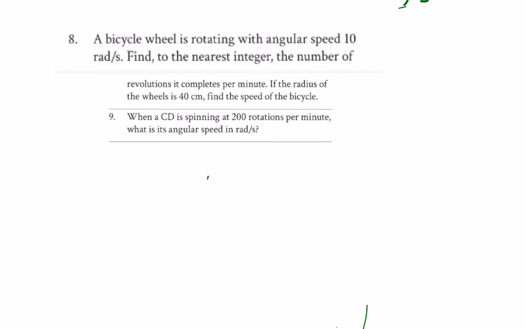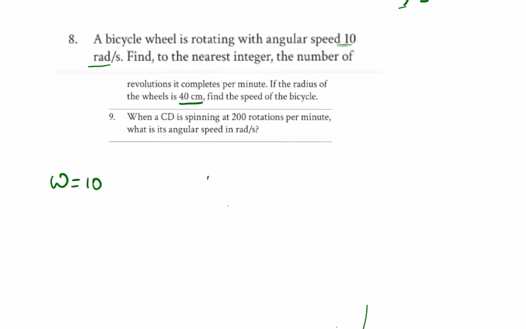In question 8, we have a bicycle wheel rotating, angular speed 10 radians a second. So my ω is equal to 10 radians a second. Find to the nearest integer the number of revolutions completed per minute. If the radius of the wheel is 40 centimeters, find the speed of the bicycle.